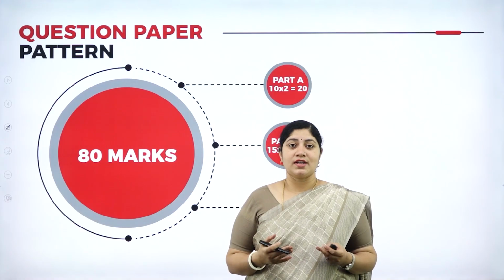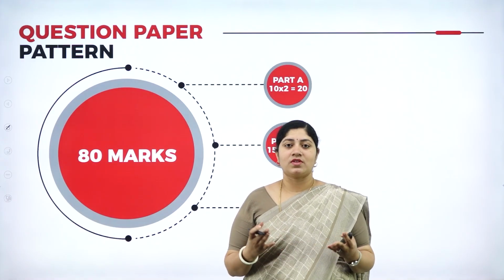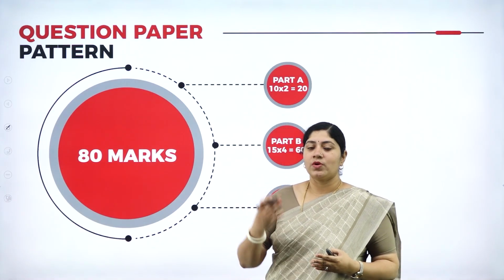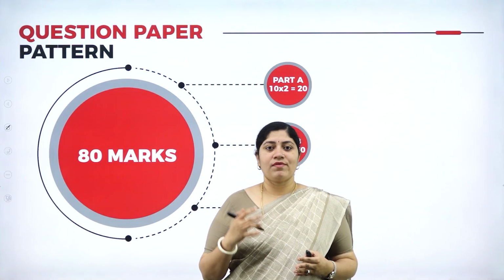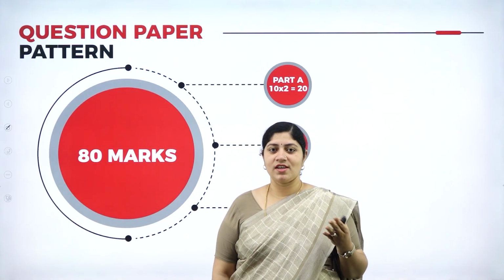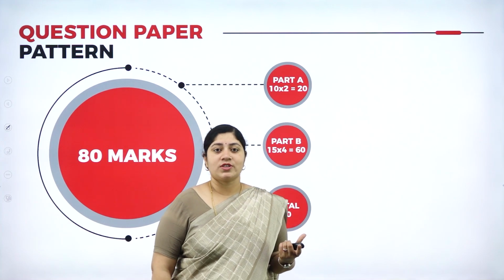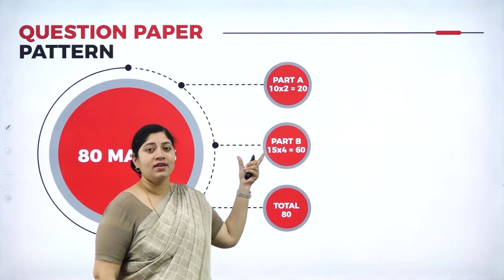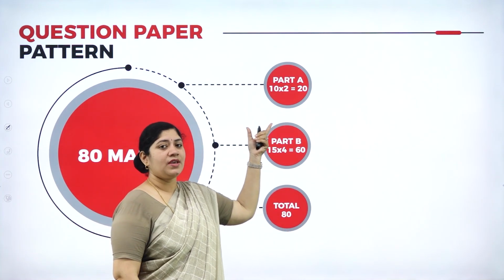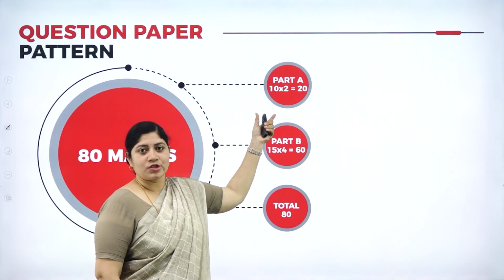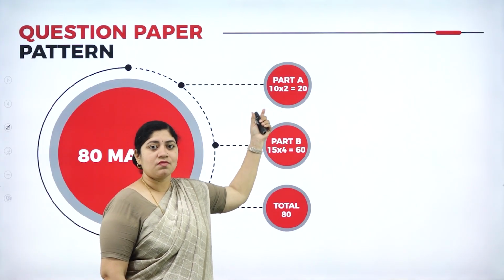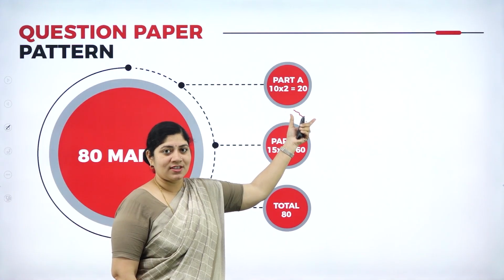Moving forward, let's understand the question paper pattern of this subject. As we all know, in the question paper we have 2 parts, that is part A and part B. How are the marks allotted for that? Let's understand that. With respect to part A, we will have a total of 10 questions of 2 marks, which yields a total of 20 marks.